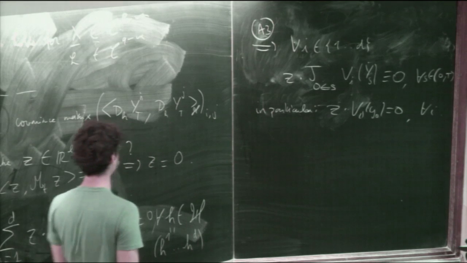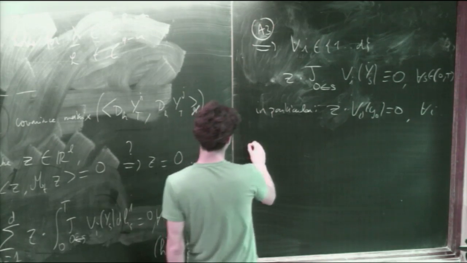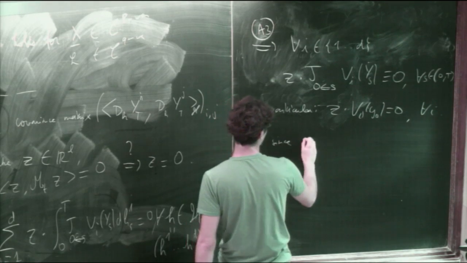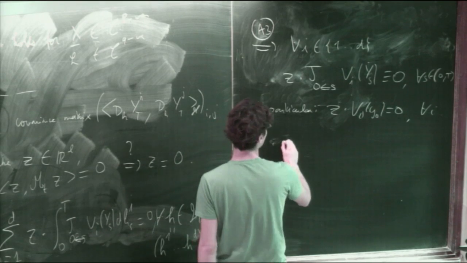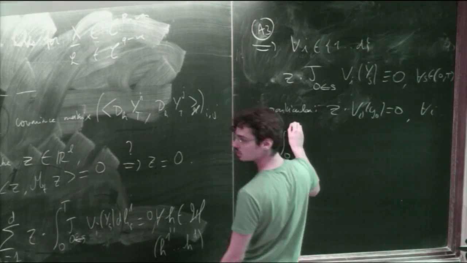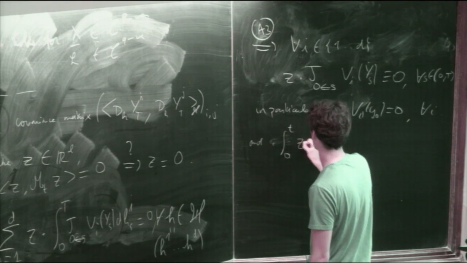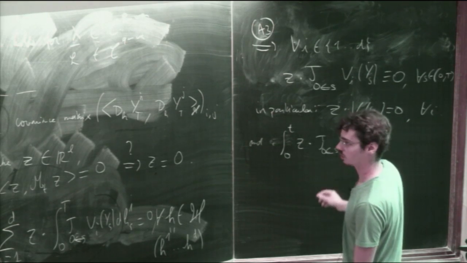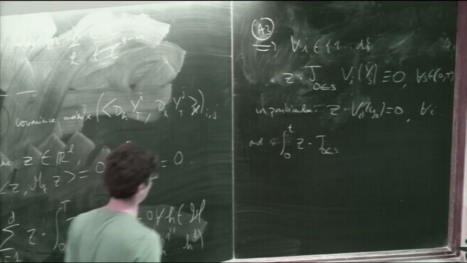And then, I mean, now we basically finished. And then what you do is you use this formula, okay? Since you can write this as an integral again, so this means, okay, let's just write it directly here. That means that for any t, integral from 0 to t of Z scalar J_{0,S} of, so here you use the formula for this thing where W is equal to V_i, okay?